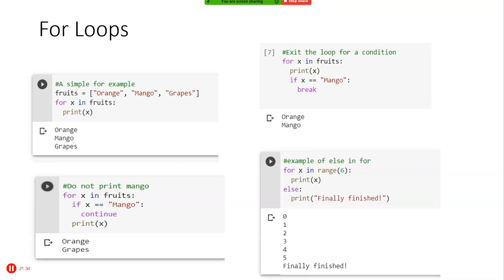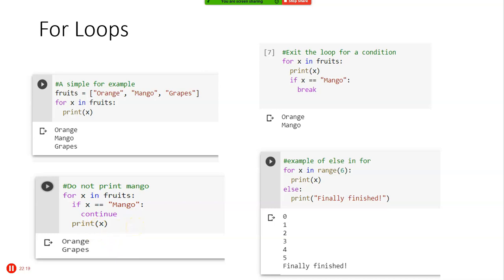A simple for example. Fruits: I've created orange, mango, and grapes. See, I've created an array. For x in fruits, print x. Do not print mango. Here you are avoiding a particular item using the keyword continue, because whenever it comes to mango, it will say continue, which means it goes to the next one.